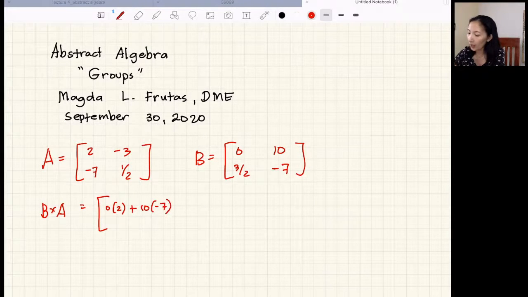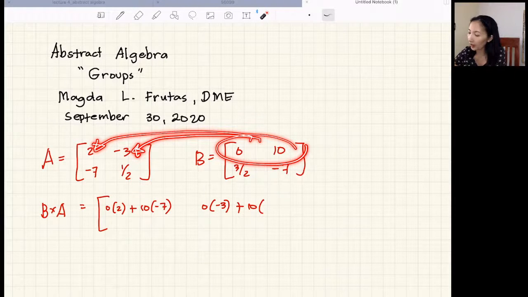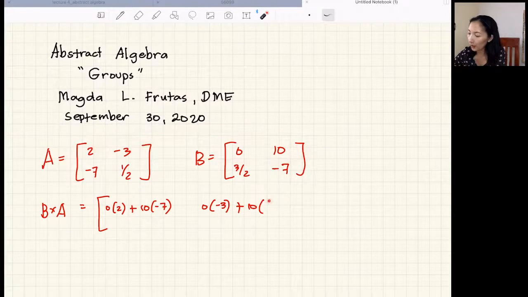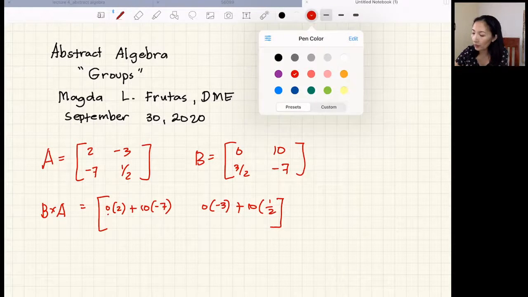Then 0 times negative 3 plus 10 times 1 half. Looking at the first entry alone, 0 times 2 is 0, and 10 times negative 7 is negative 70. This will give negative 70.